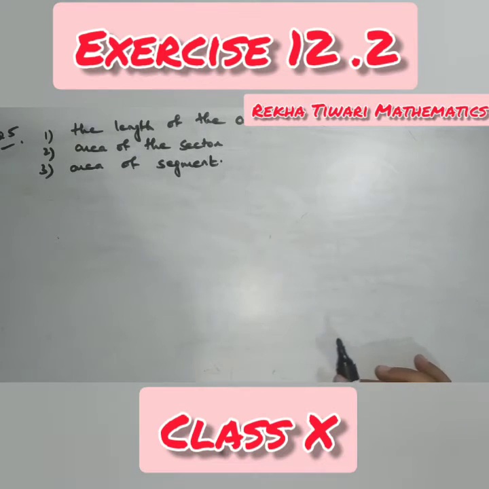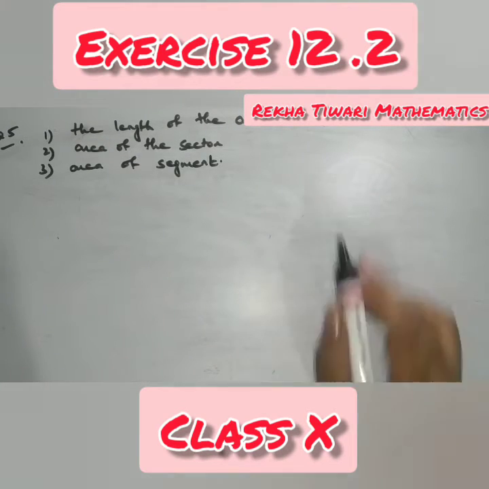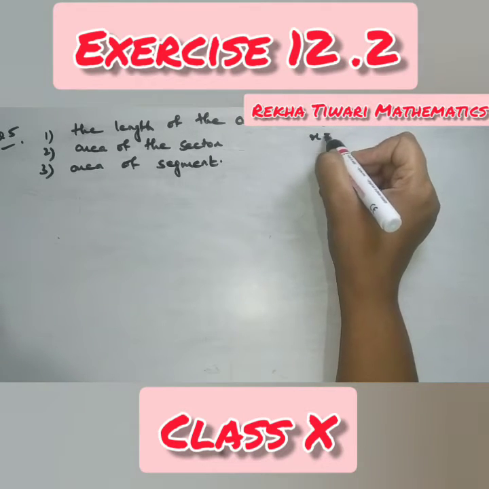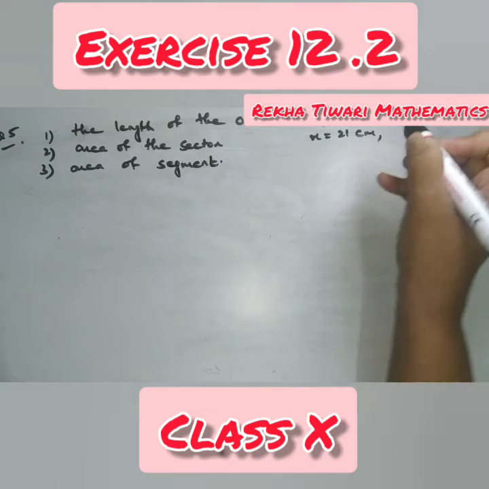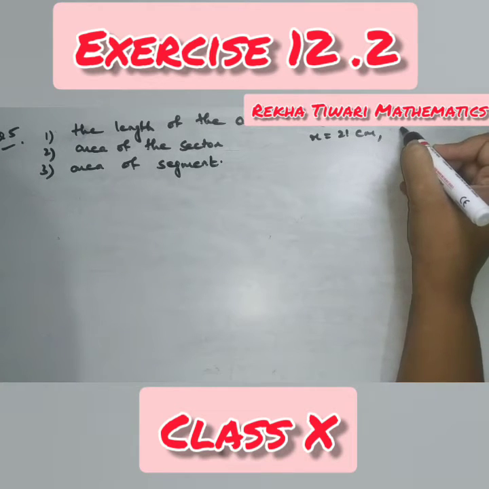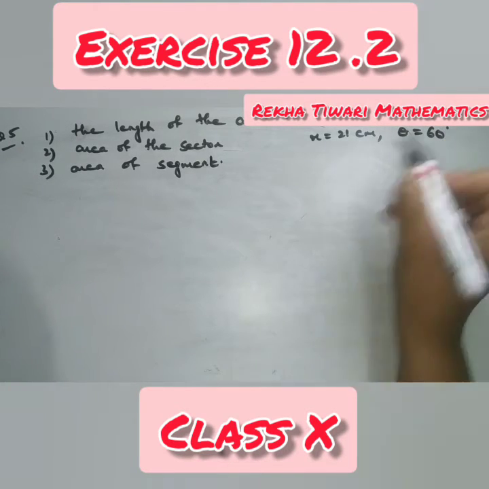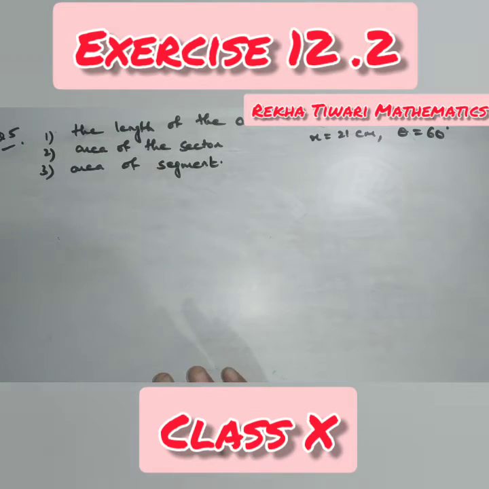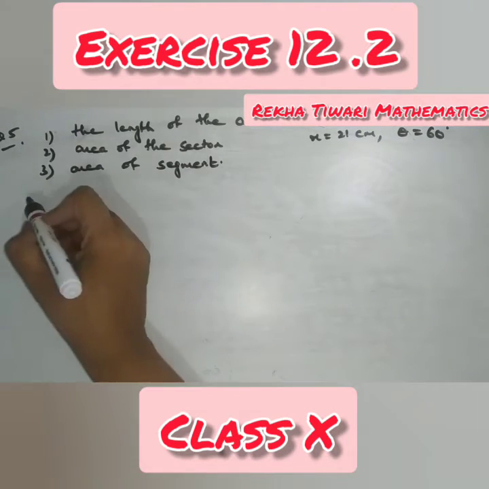So these 3 things we have to find out. And what is given to us? It is given that radius is 21 centimeter and it subtends an angle of 60 degree. That means theta is 60 degree. So information is given to us. Just we have to put down the formula and solve it. Let us start the calculation.